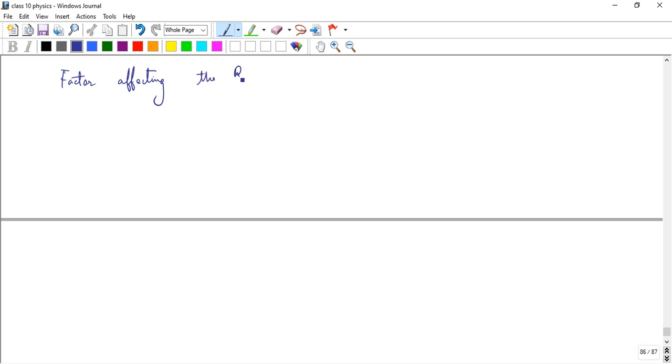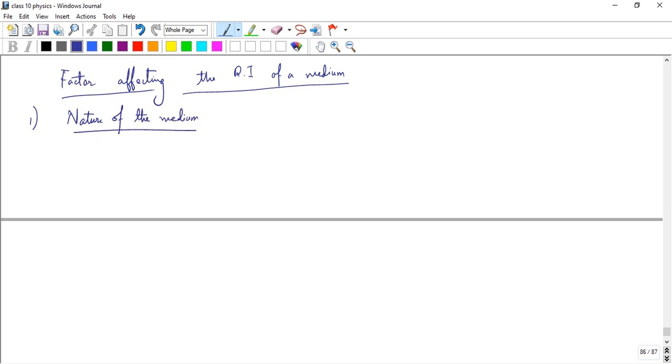The first factor is the nature of the medium. Nature of the medium is on the basis of speed of light.